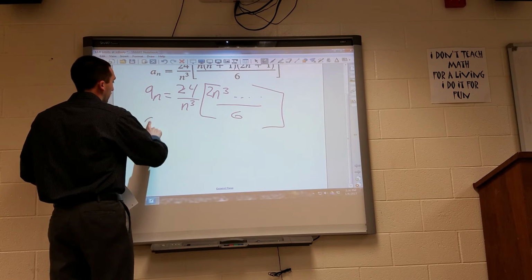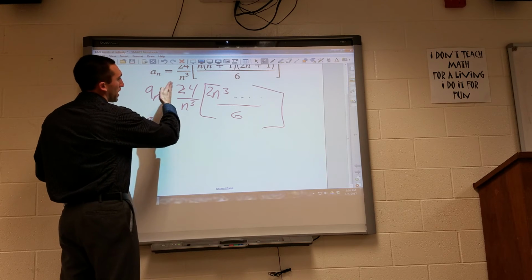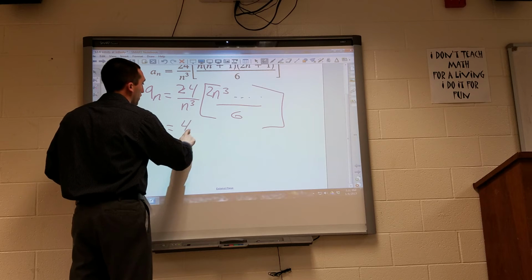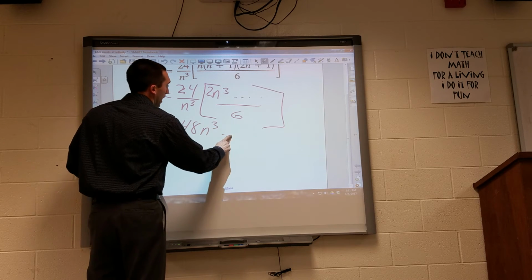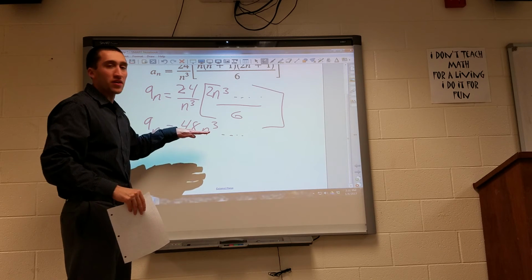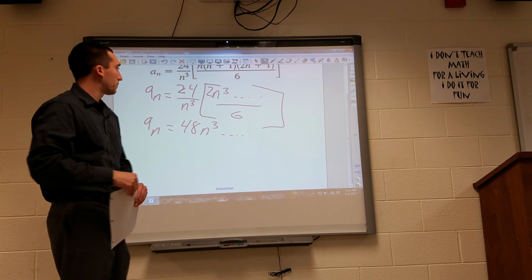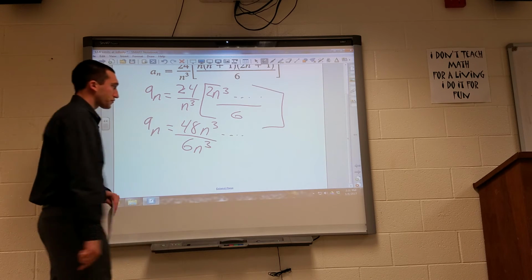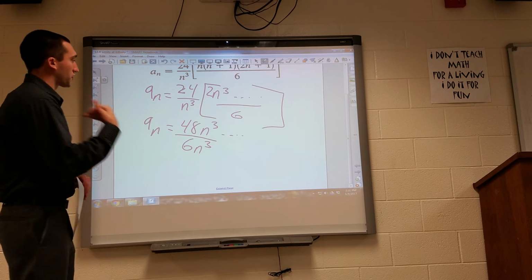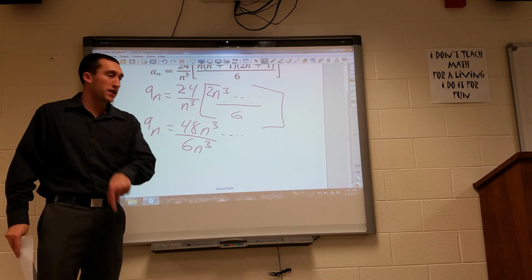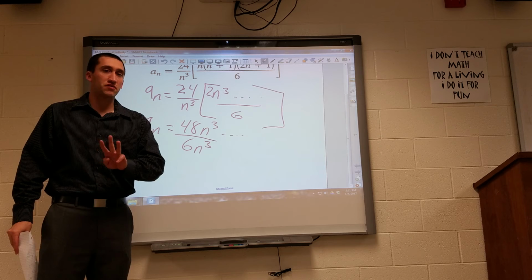So I'm going to go one step further and see here I have 24 times 2n cubed, so that gives me 48n cubed. And then I know I would have stuff after that, but it's not important because this will be the largest degree, n cubed. And then in the denominator, I'll have 6n cubed. So now I'm down to something where I can see, okay, my numerator, the largest degree is 3. The denominator, the largest degree is 3.